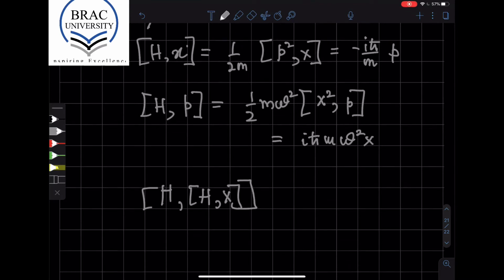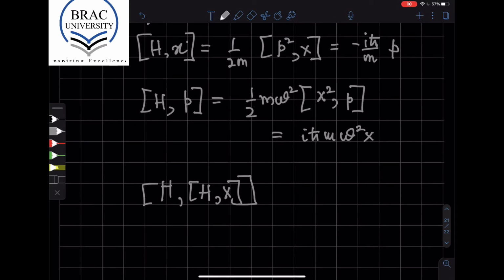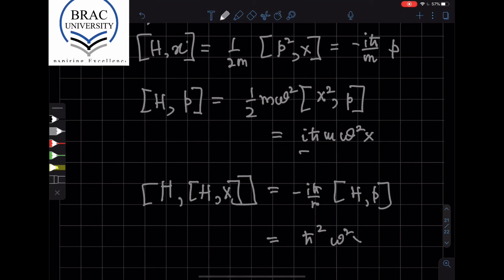We can use this relationship here, and we will get minus i h bar over m, and then the commutator of H and p. So here we will use this relationship, and therefore we get h bar squared omega squared of x, right? Because there's a factor of m here and a factor of m here, so those two m's will cancel out, and the factor of i and minus i will give me a plus sign here.